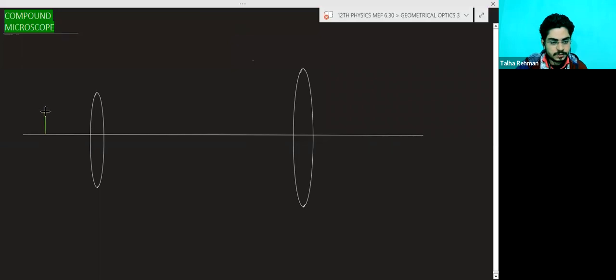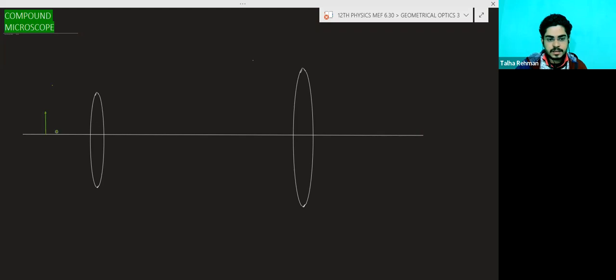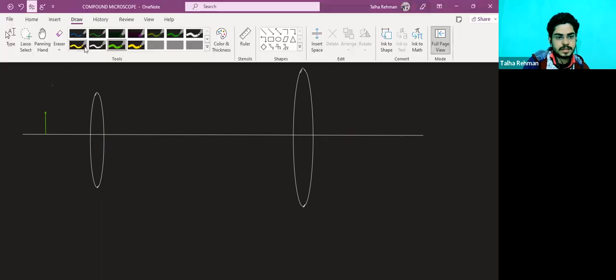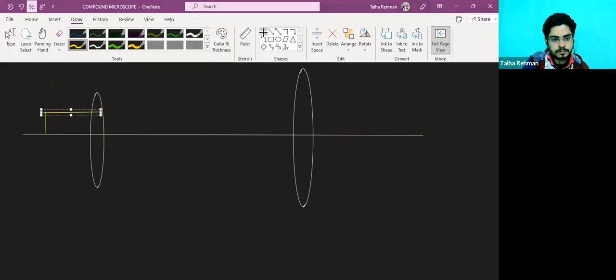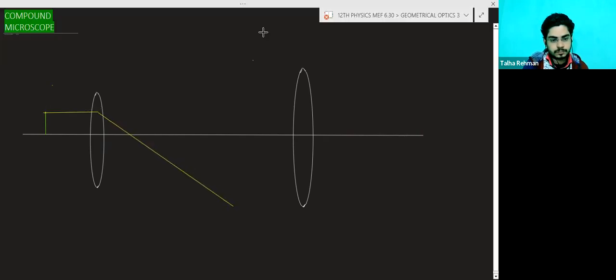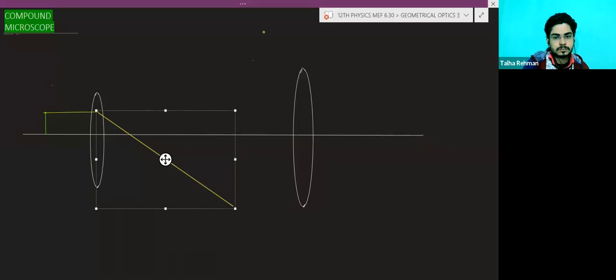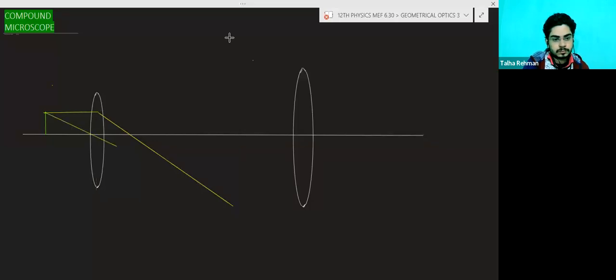This object is placed in front of the objective lens, so the objective lens will form the image of this object. Like this, the image will be formed.